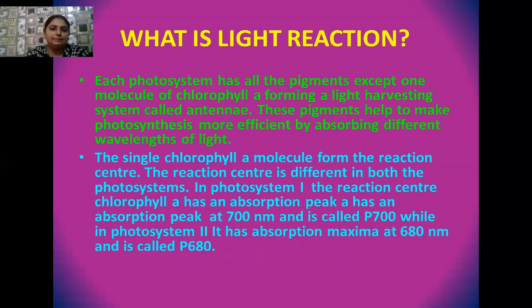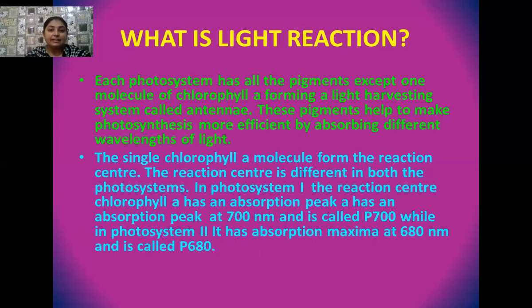Each photosystem has all the pigments except one molecule of chlorophyll A, and the light harvesting system is known as the antenna complex. These pigments help make photosynthesis more efficient by absorbing different wavelengths of light, and the single chlorophyll A molecule forms the reaction center of this light harvesting complex.